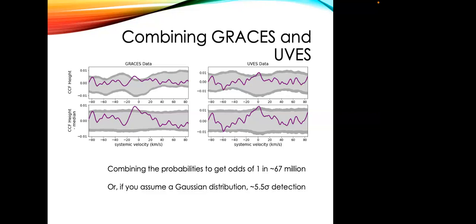So we combine that together and we get odds of about 1 in 67 million. And that's good. Assuming a Gaussian distribution, that's about a 5.5 sigma detection. So we can, in fact, confirm there's chromium hydride in WASP-31b, which is awesome. This is the first metal hydride confirmed in an exoplanet, and I'm really excited.